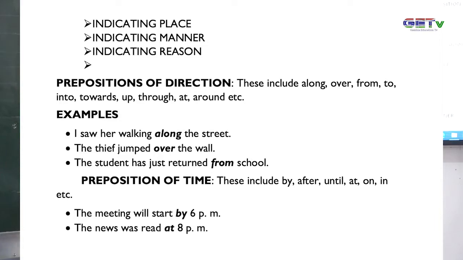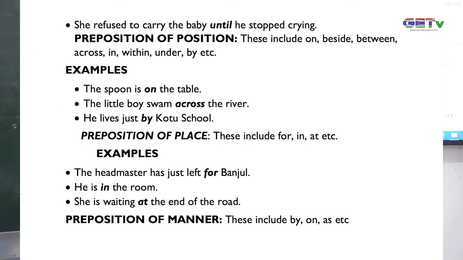The news was read at 8 p.m. The "at" also indicates time. 3. She refused to carry the baby until he stopped crying. The "until" also is indicating time. So by looking at these examples, we've seen by, at, and until functionally showing time.